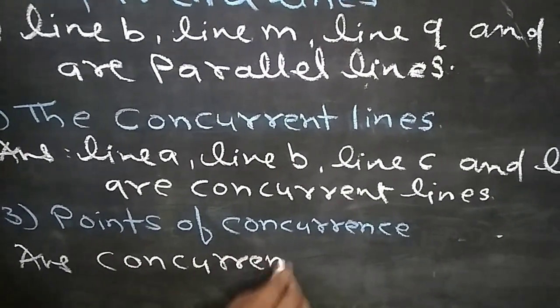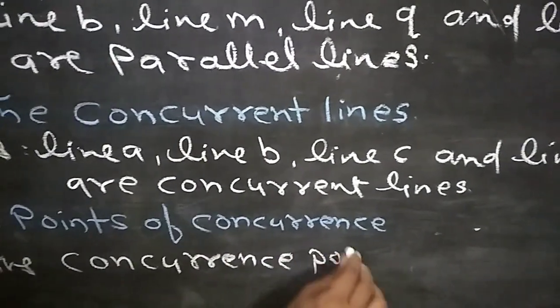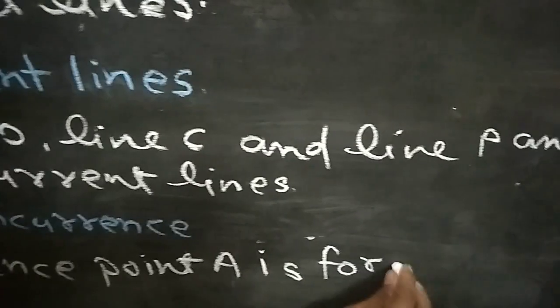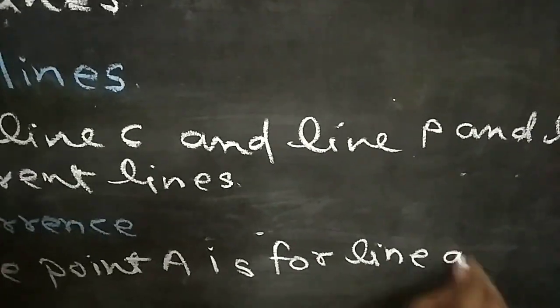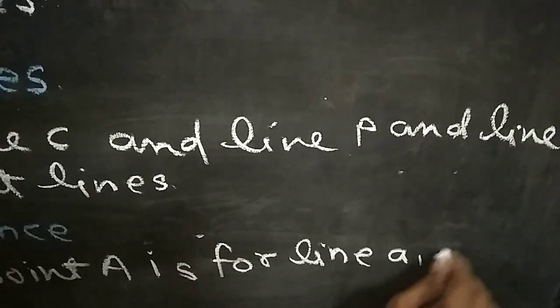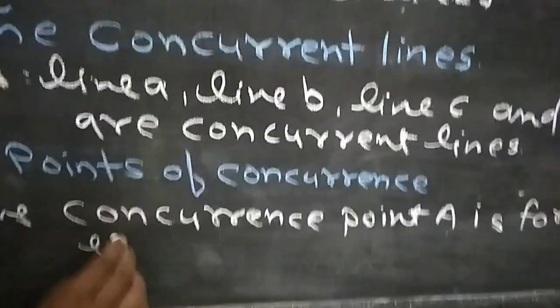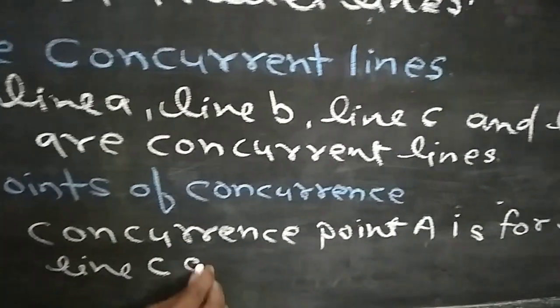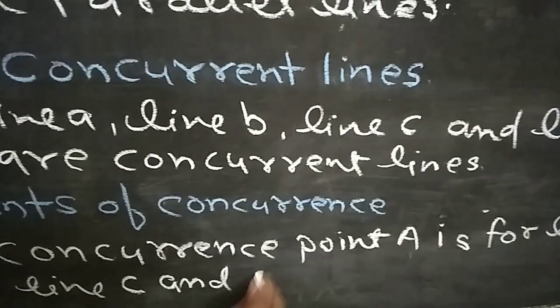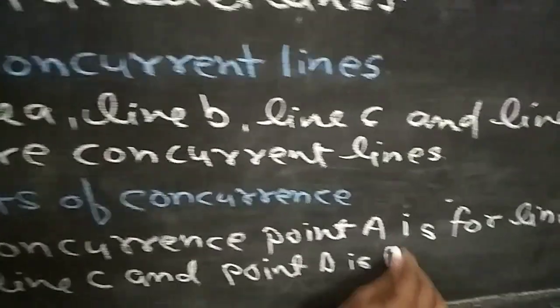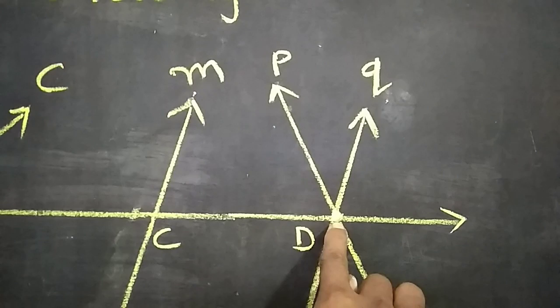Concurrence point A is for line A, line B, line C, and point D is for line P and line Q, as you can see in the figure.